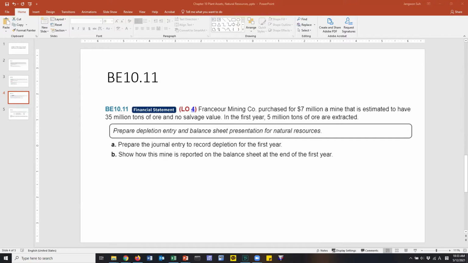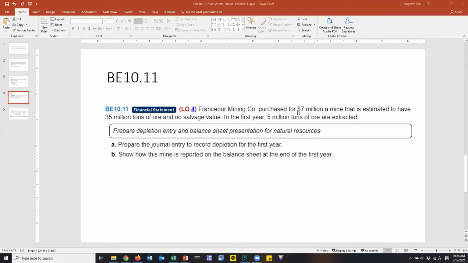So again, in tangible assets cases or PP&E cases, we debit depreciation expense and credit accumulated depreciation. But in natural resources cases, we debit inventory and credit accumulated depletion. Okay, enough of talking. Let's have a look at the example, BE 10.11.